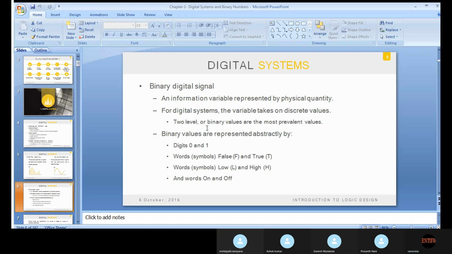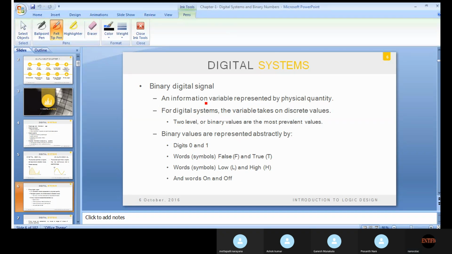A binary digital signal has only two levels. It is an information variable represented by a physical quantity. For digital systems, any variable takes on discrete values, two-level or binary values: high and low, and 0 and 1.